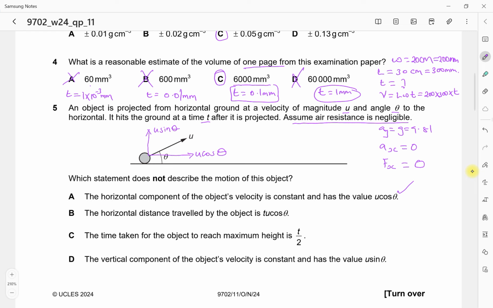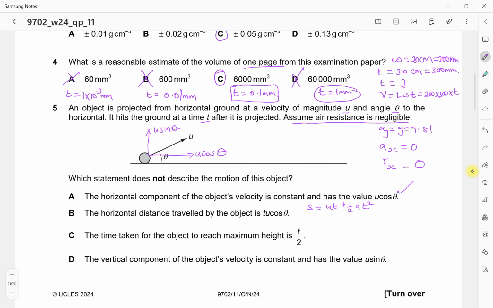The horizontal distance traveled by the object is t times u cos theta. Let's check the horizontal distance. The horizontal distance is going to be s. I will get it from s equals ut plus a half at squared, where s is the horizontal distance.